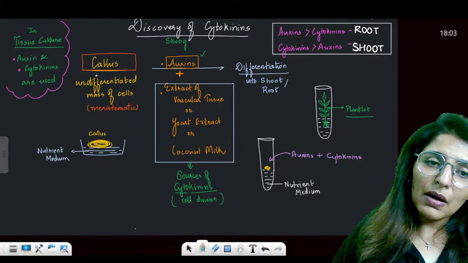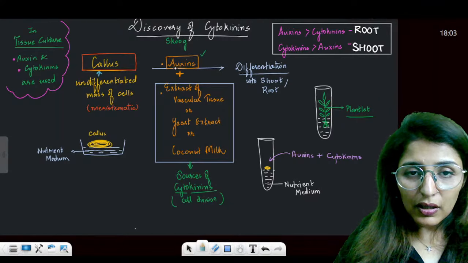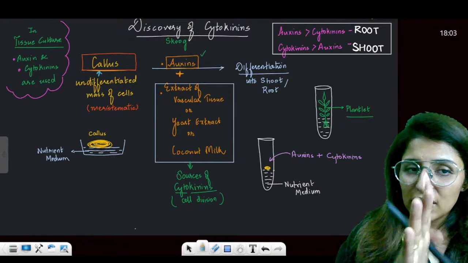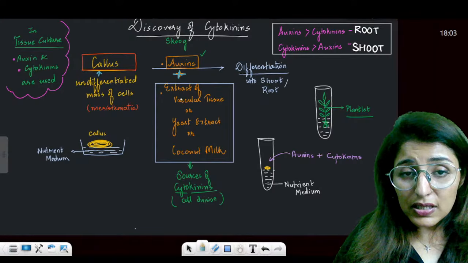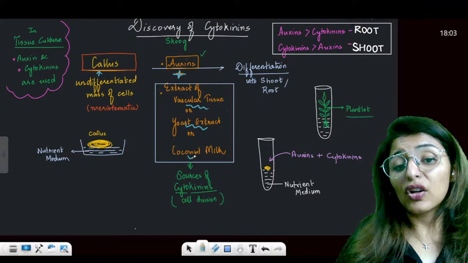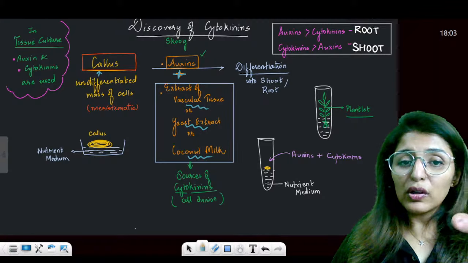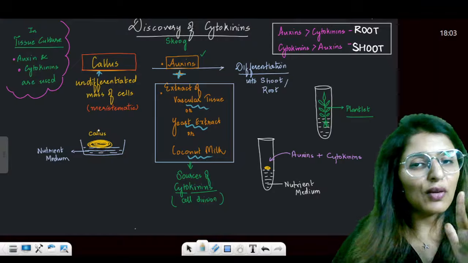We added auxins to the callus, but along with auxins, the callus was given an extract of vascular tissue, yeast extract, or coconut milk.